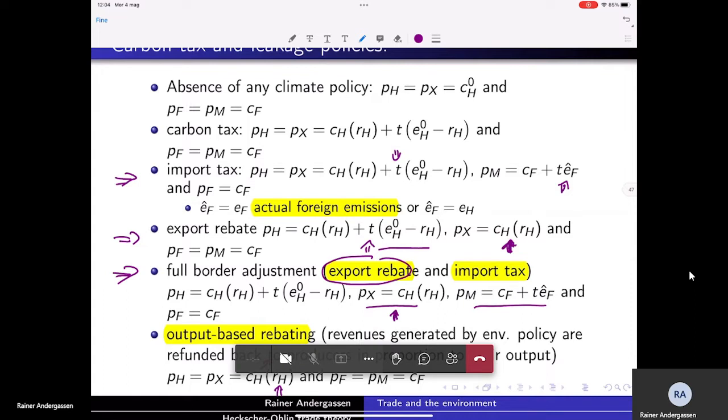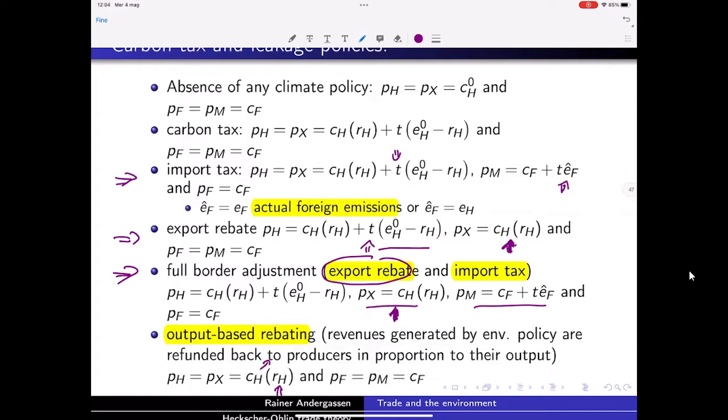That's why you have a lower price for exports compared to the case without export rebates. And then you tax imports. The reason is that at home you're still paying a higher price.